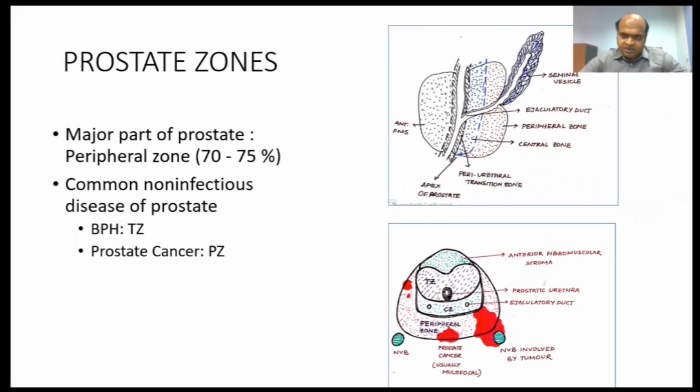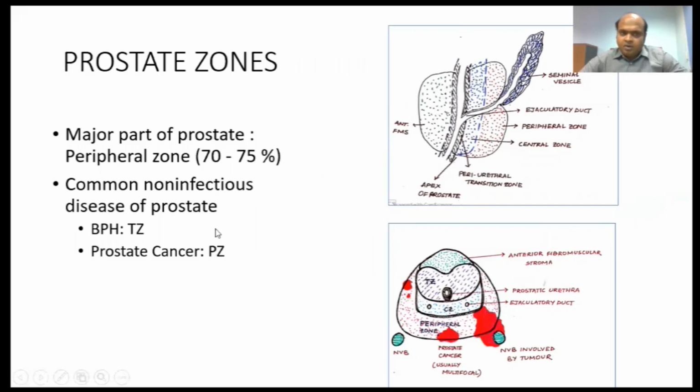If you see the upper image, you can see the ejaculatory duct entering into the prostatic urethra, and the zone surrounding the prostatic urethra, which you can see in the lower image, is the transitional zone, and there is a central zone, and the majority of the prostate is formed by the peripheral zone.